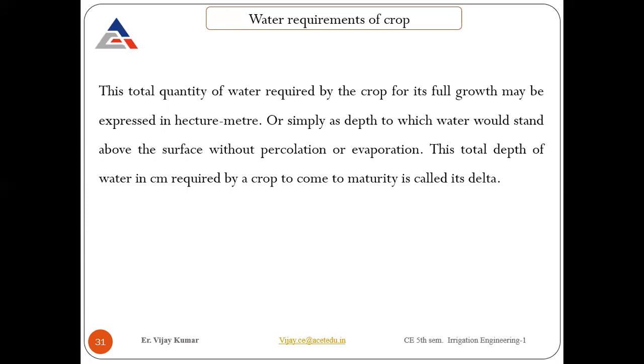Otherwise, every time you are not going to supply 60 centimeter depth of water. So the total water is measured assuming no percolation and no evaporation happening, meaning no water is passing through the soil and no water is going to the environment. In that case, whatever the total amount of water depth required is nothing but what is called delta.